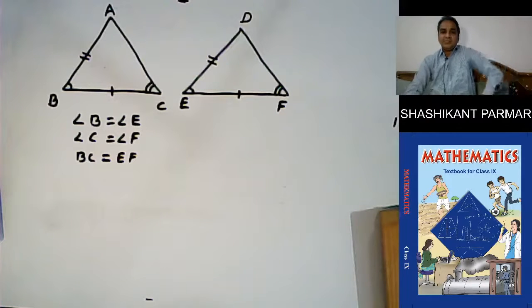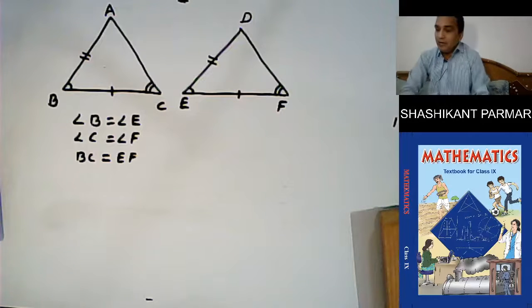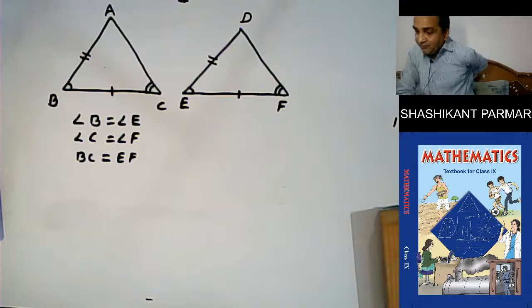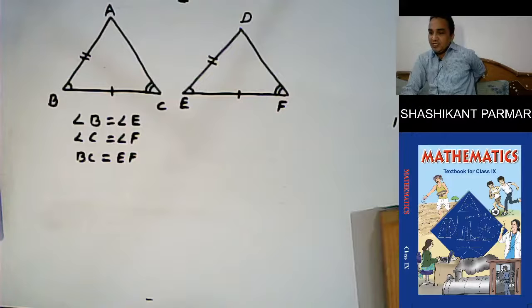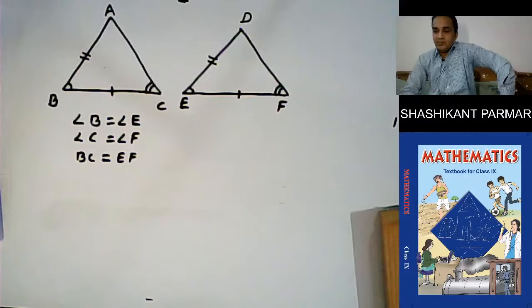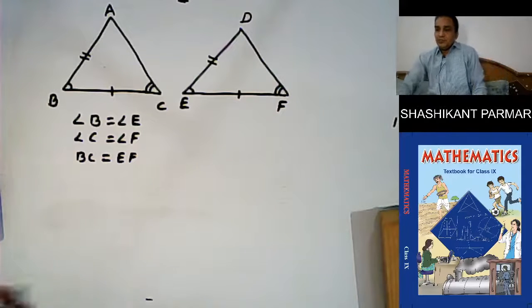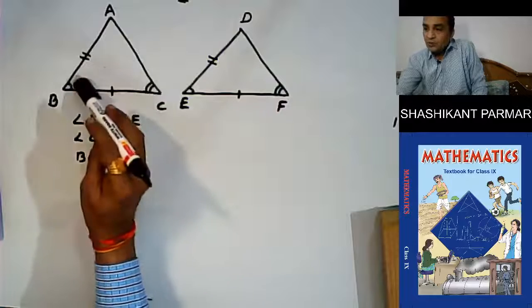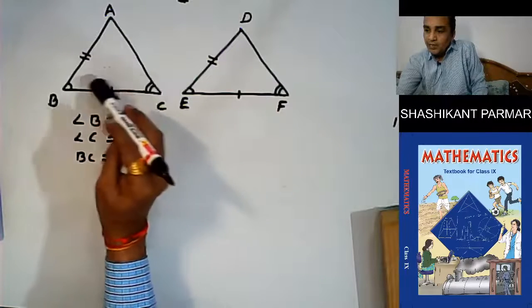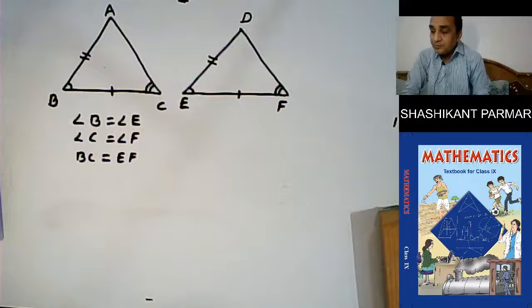So two triangles ABC and DEF, angle B is equal to angle E, angle C is equal to angle F, and BC is equal to EF. Draw this figure in your notebook also. So we are given two angles and the included side.